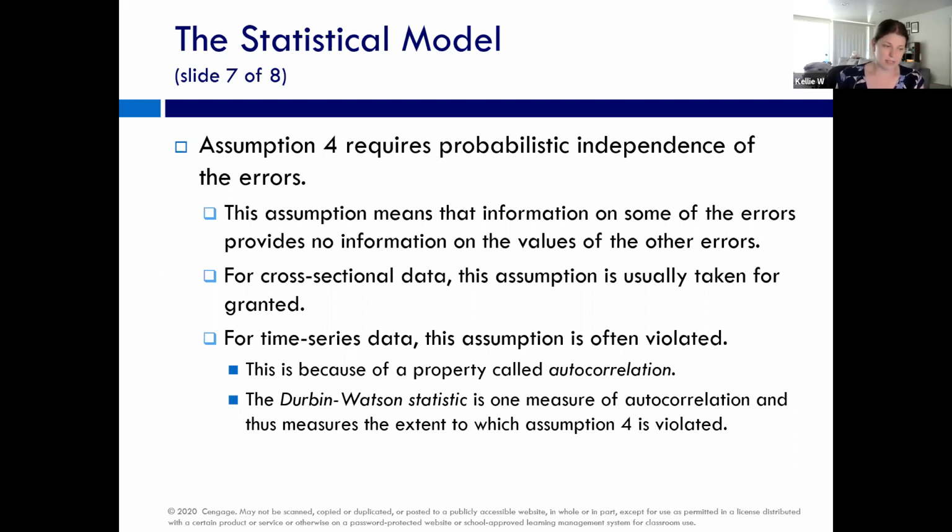So autocorrelation means that previous values of time variables are correlated to future values of time variables, which means that the errors of the variables at earlier points in time provide information about the errors of variables in future time.